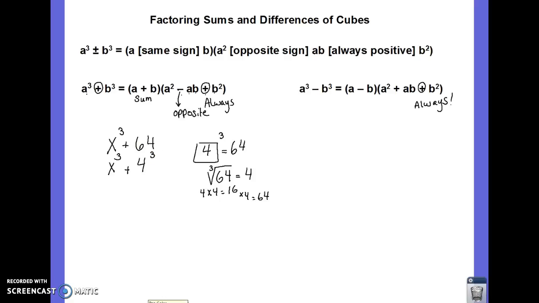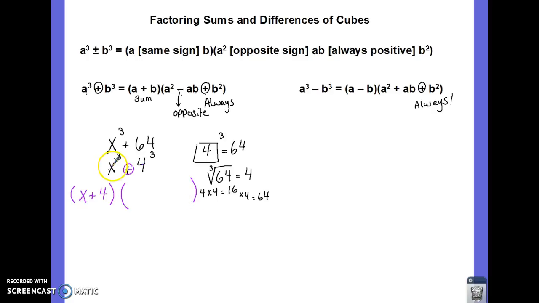So, my first parenthesis is simply the sum of the two bases. Why? Because I'm adding. So this has always to be the same sign. So you get x plus 4. Now my second parenthesis should have my first base squared.